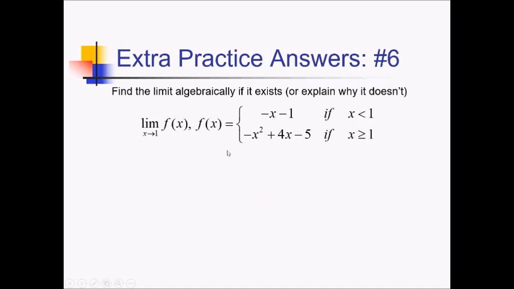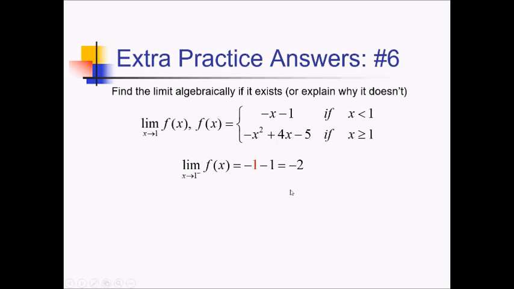For this problem, we're trying to find the limit as x approaches 1 for this piecewise function. Since 1 is a border value, we have to look at the left and the right-sided limits here. So for the left-sided limit as x approaches 1, we're using this x less than 1 rule. So negative 1 minus 1, which comes out to negative 2.